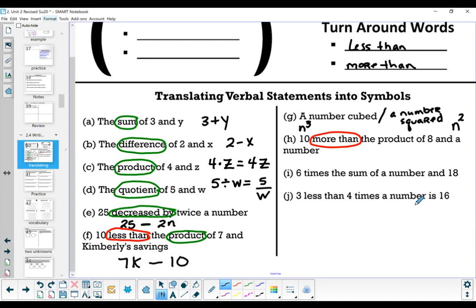Okay, so here I'm going to write what this means technically. 10 more than, plus 10 to the product of 8 and a number. 8 times n plus 10. But if you wrote it this way, 10 plus 8n, that's still okay. But if we look at F, I can't say 10 minus 7K.